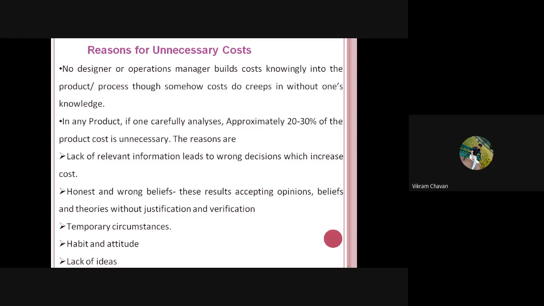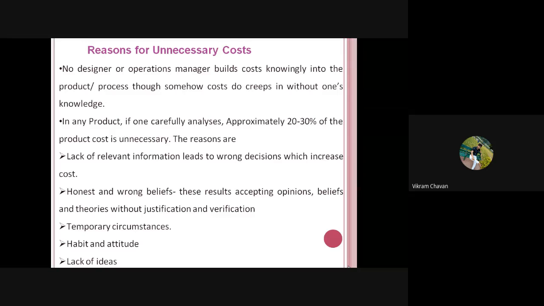So they don't consider these problems while creating the functionality of the product, and that hampers the cost or valuation of the product. Honest and wrong belief result in accepting opinions, beliefs and theories without justification and verification.